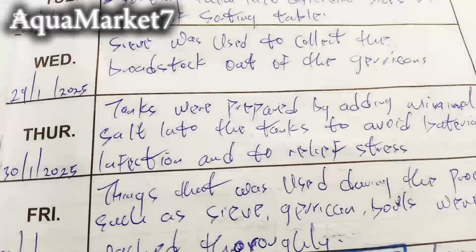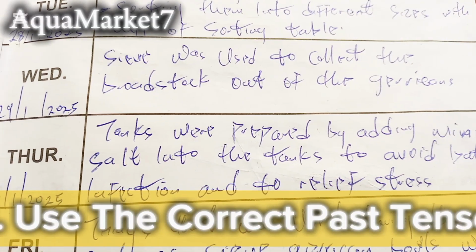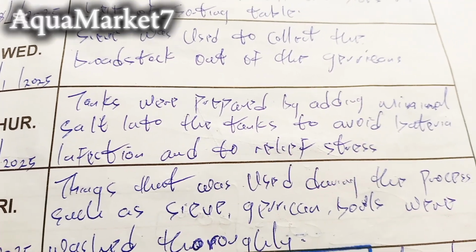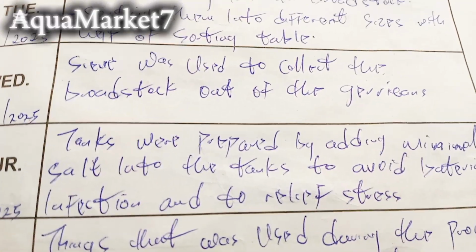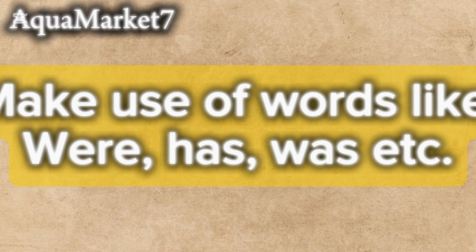Number 2 tip: use the correct past tense. Since your report is about past events, you must write in past tense to describe your activities correctly. Make use of words like "were" to describe the past events that you have done.